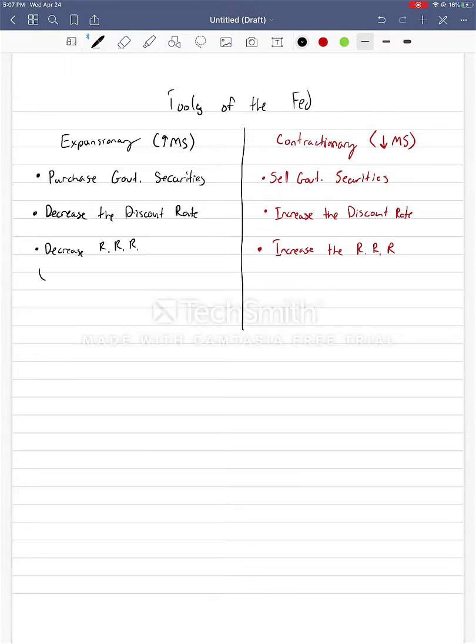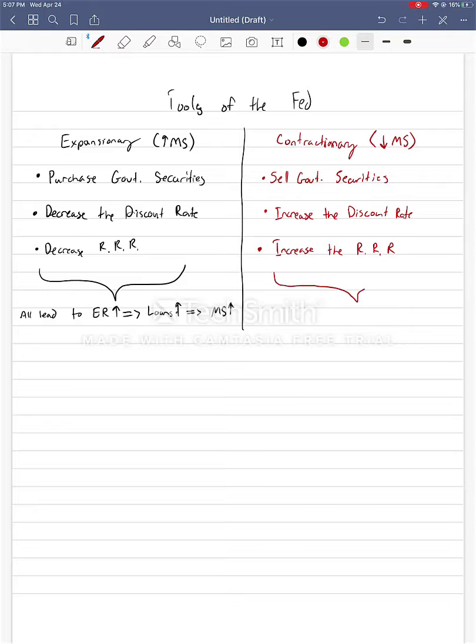Now, looking at the expansionary actions, all of these actions lead to excess reserves going up. And as we stated, anytime excess reserves go up, loans go up, which leads to the money supply increasing.